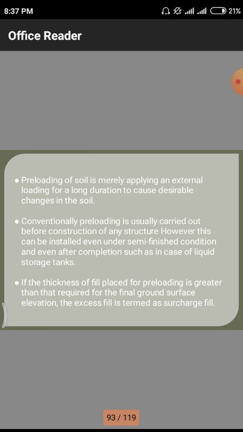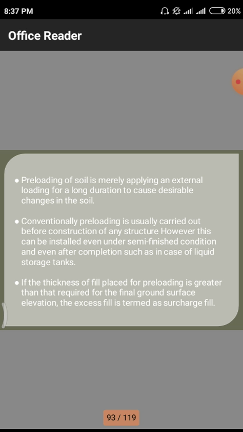That means we use two or three days simply to compact the soil, depending upon area availability conditions. But in case of preloading techniques, we need to use these loading patterns for a huge span of time to attain proper desirable changes in the soil. That means we have to wait for a particular span of time.